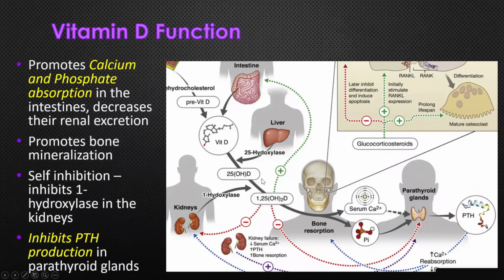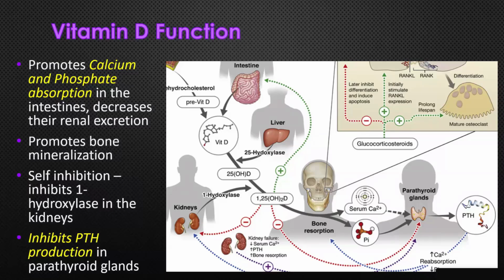It promotes bone mineralization. And the way our book, the radiology book, where I got most of my things, as you know, words it is a little bit deceptive, I think. It does have an effect on osteoclasts, and it does have an effect on bone resorption, but you can think of it as more healthy bone turnover. So the net result of having healthy amounts of vitamin D is having healthy, strong bones, right?